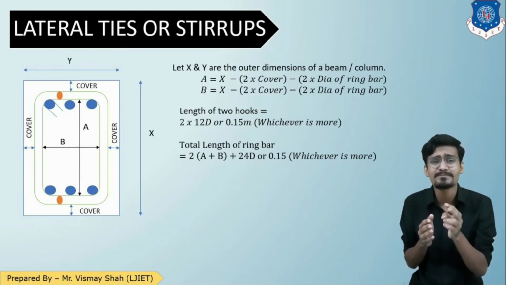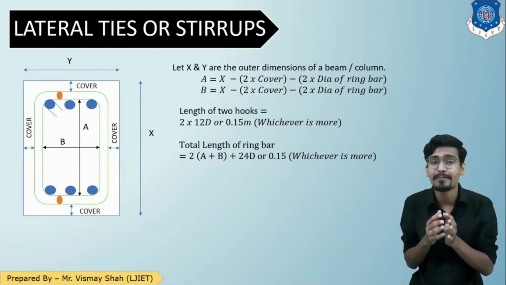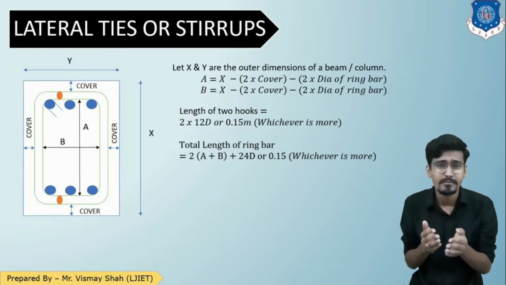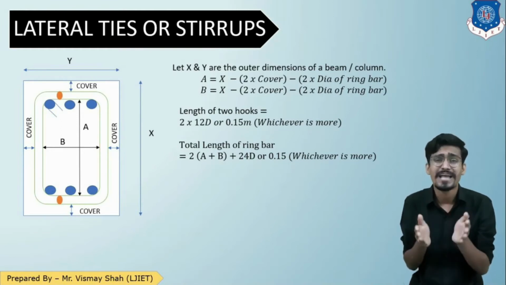Minus 2 times that stirrup diameter or that lateral tie diameter. If I deduct 2 times the diameter of this lateral tie, I will be at the internal point of the ring or the stirrup. So that is the formula for A: X minus 2 times the cover minus 2 times the diameter of bar of the stirrup.